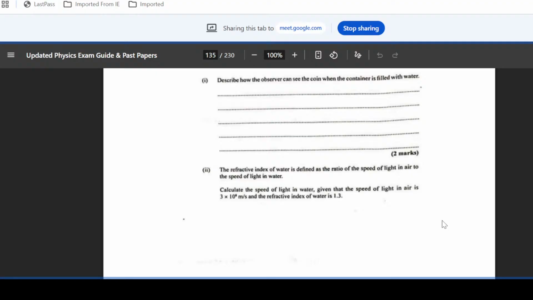So we can calculate refractive index: n is equal to sin i over sin r, or it's also equal to v1 over v2, or it's equal to lambda 1 over lambda 2. Alright, so that's all I was asking.